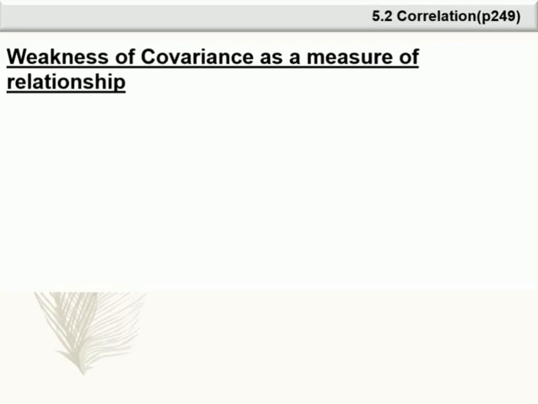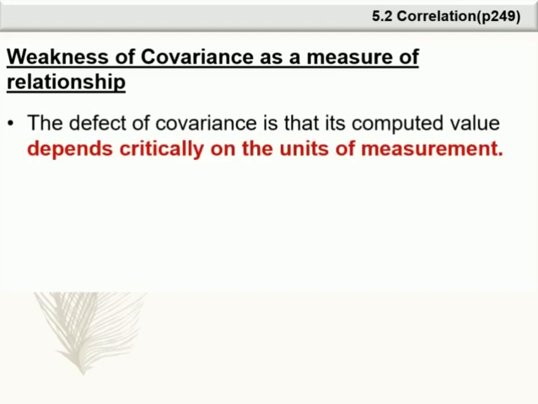But there is a problem with covariance. Covariance is affected by the units of measurement. For example, if I found the covariance between two things that are in centimeters, and then I converted those values to, let's say, meters, and calculated the covariance, I would get a completely different value.